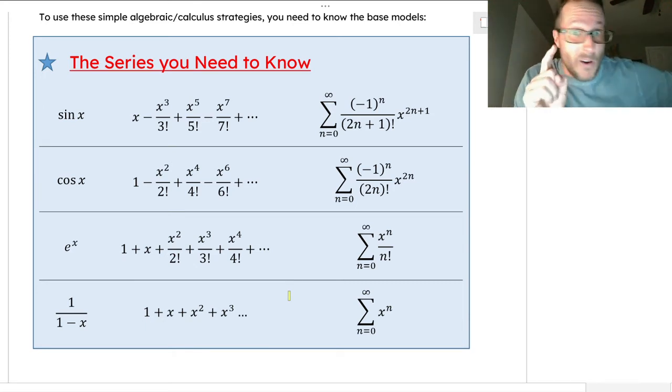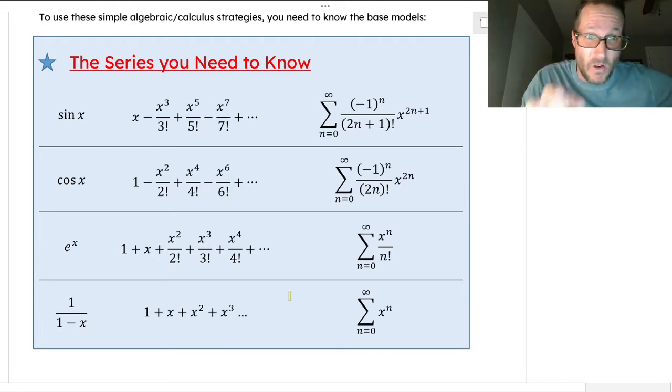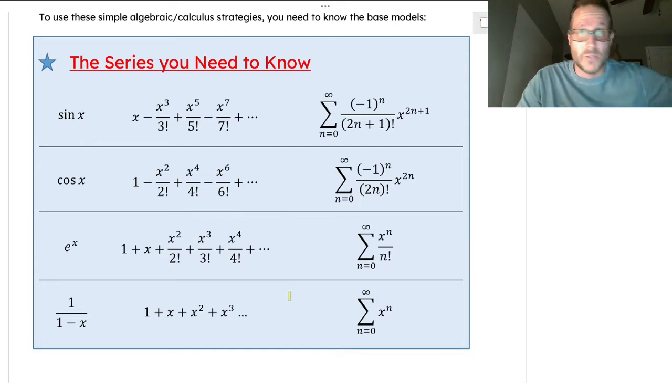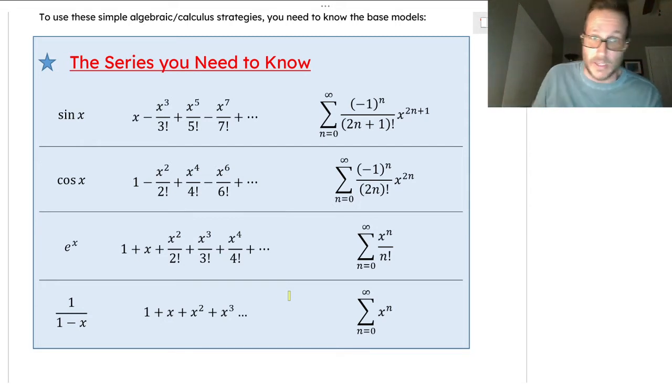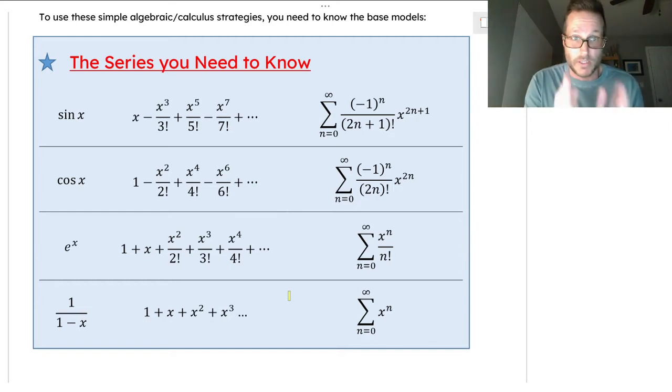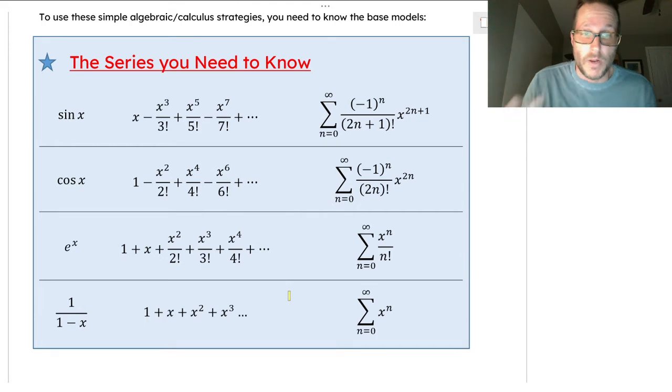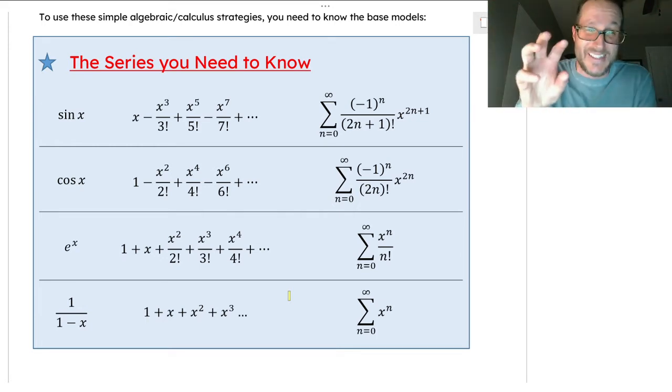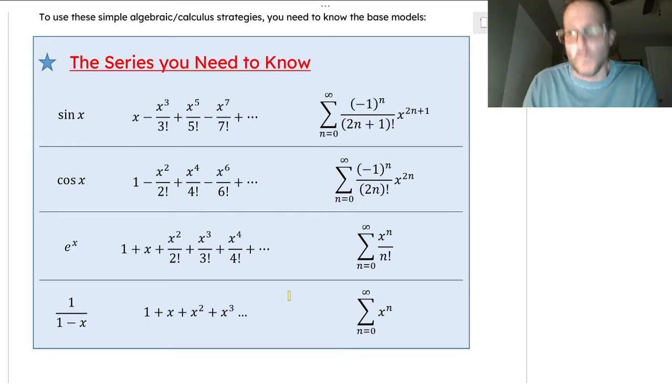These series are going to be important to know, because we're going to base everything else in this lesson on these 4 series. What else do you have to know other than these 4 series? Well, the operations: distribution, substitution, all those other things, which I'll show you some examples of.